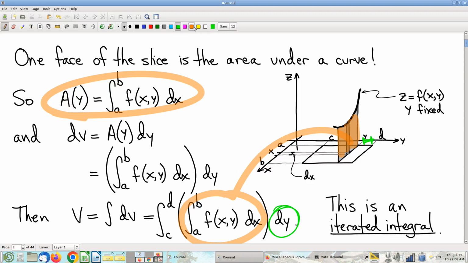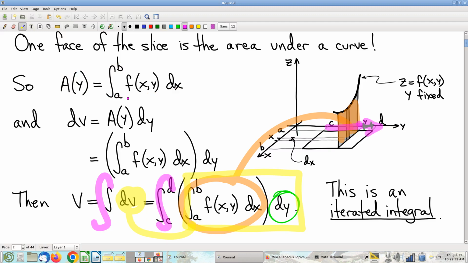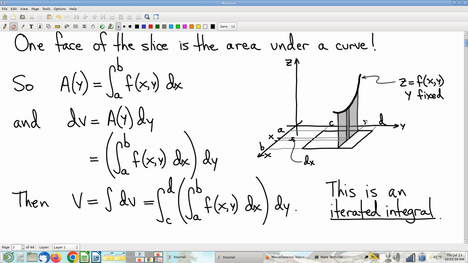That means that this area times thickness is my little piece of volume, and I add up all those pieces of volume as y goes from C to D. You buy it? Cool. We just did a kind of multivariable calculus computation.